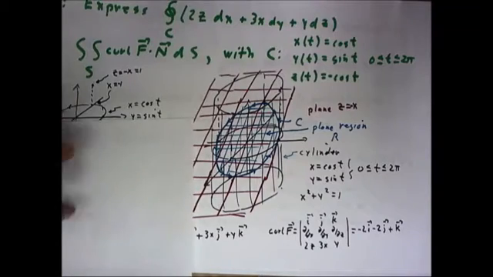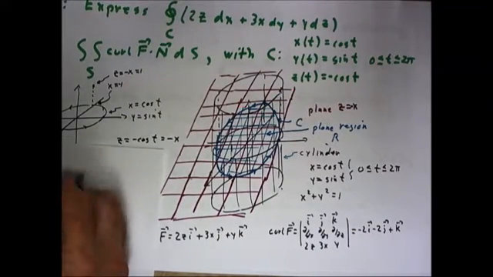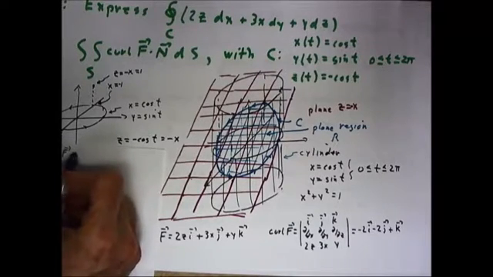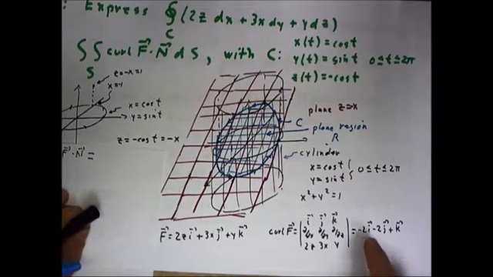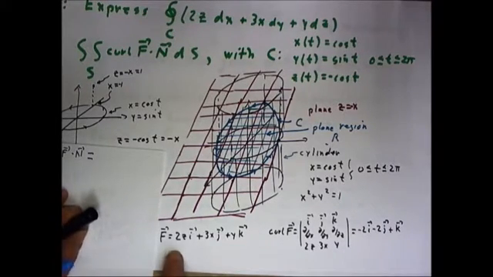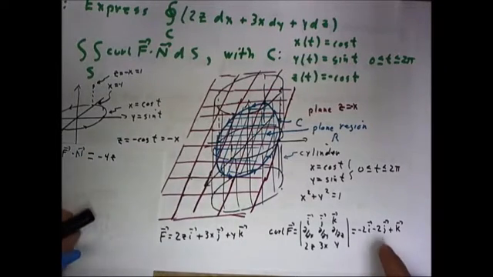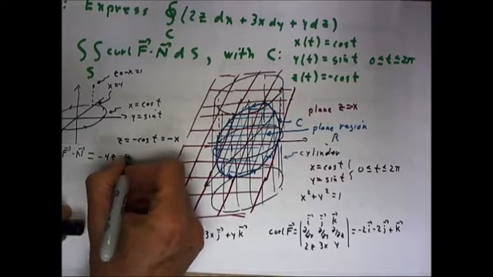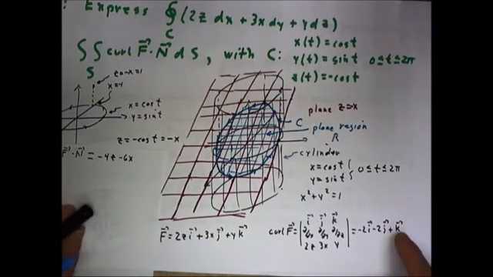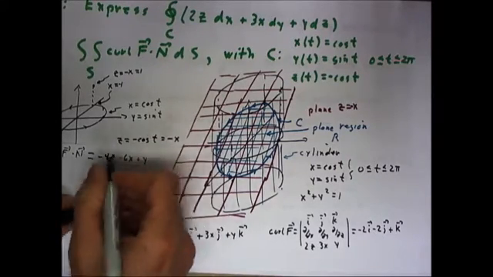Putting all this together, we see that curl f dot n equals what? Negative 2i dotted with 2z, which is going to be negative 4z. Negative 2j dotted with 3x, which is negative 6x. k dotted with yk, which is just plus y.